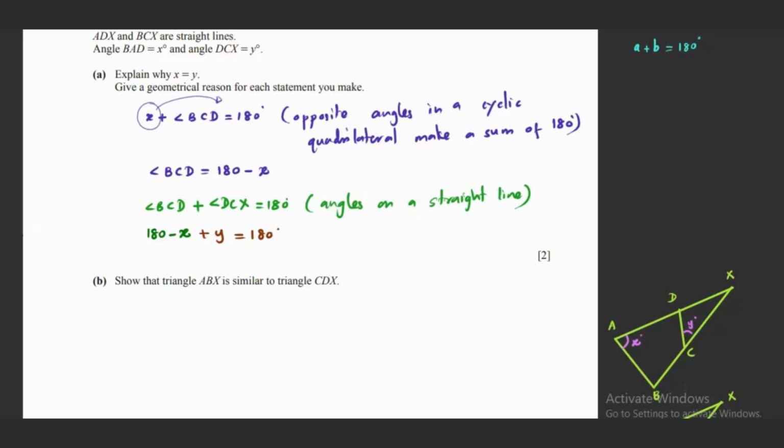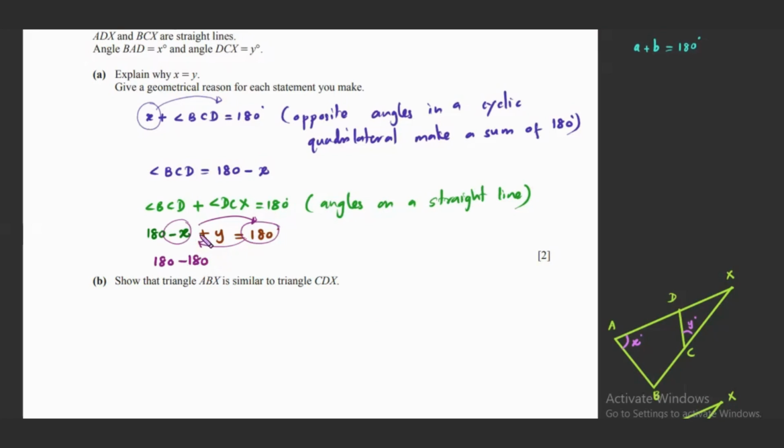So what I'm going to do is take this minus X to the right side and bring the 180 to the left side. So when I do that, I already have 180 on the left side here. Now I'm going to bring this 180 that is on the right side to the left side, so it gets deducted.